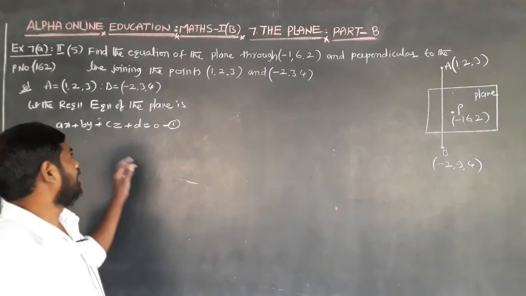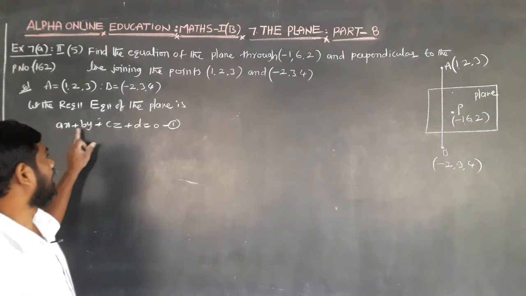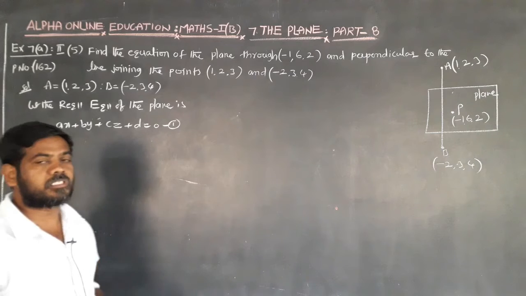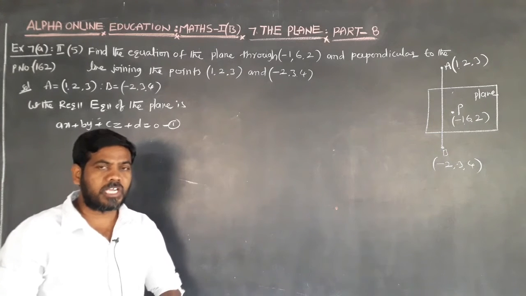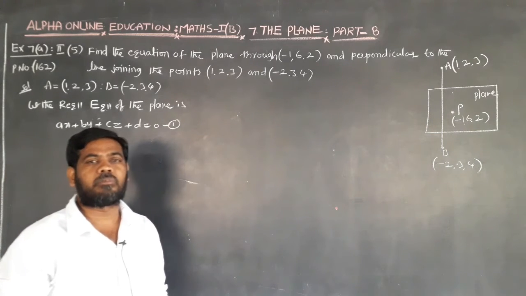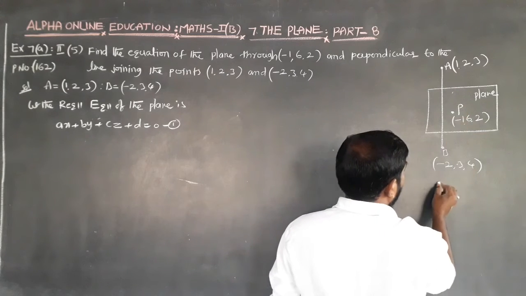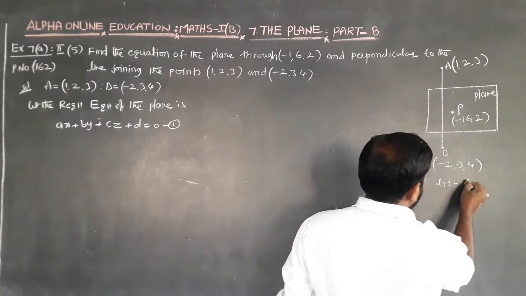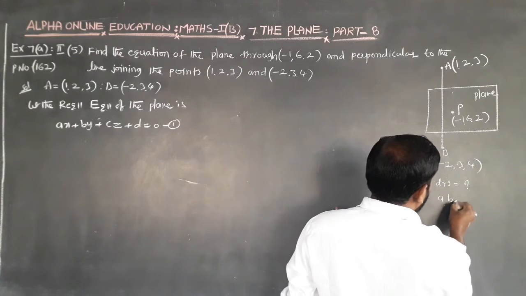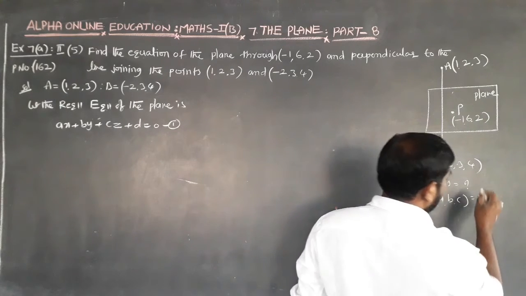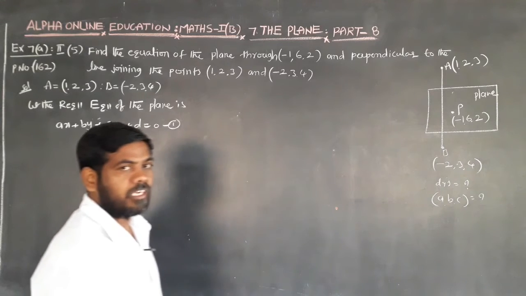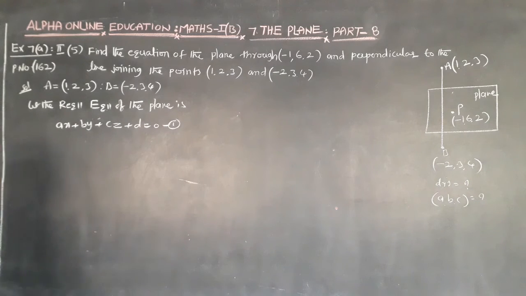Here we find the values a, b, c and d. Here a, b, c are the DRs of the line AB. So first of all find the DRs of AB.